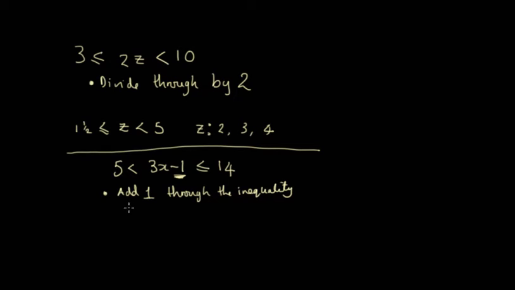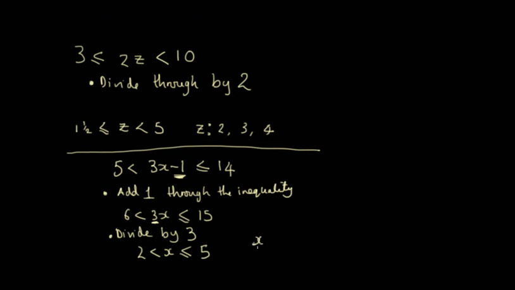So 6 less than 3x minus 1 add 1, which cancels out, less than or equal to 15. Now we're going to divide by 3 to get rid of this 3 next. So 6 divided by 3 is 2, less than x, less than or equal to 5.